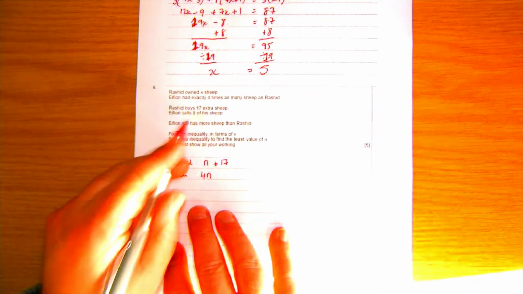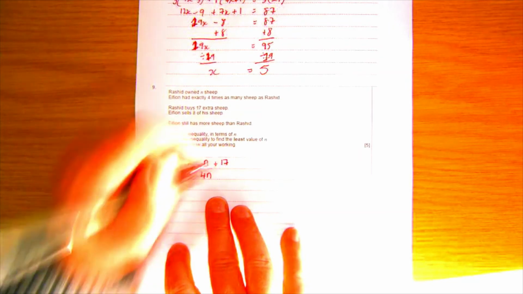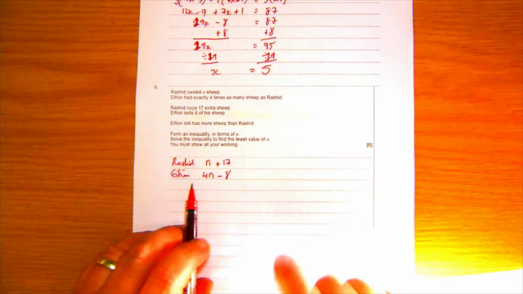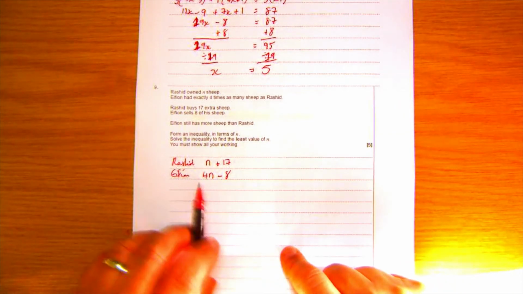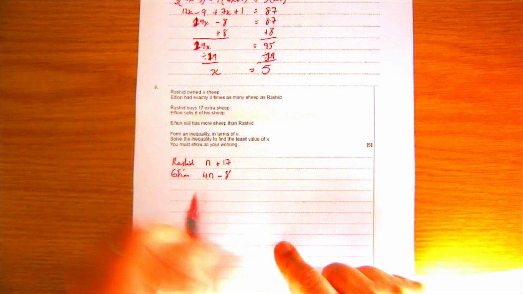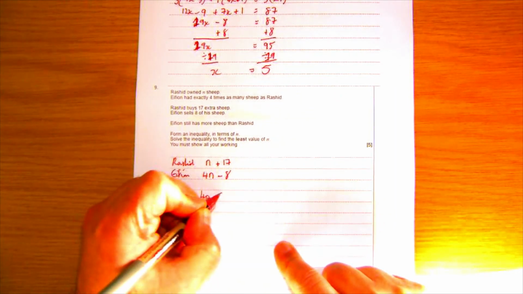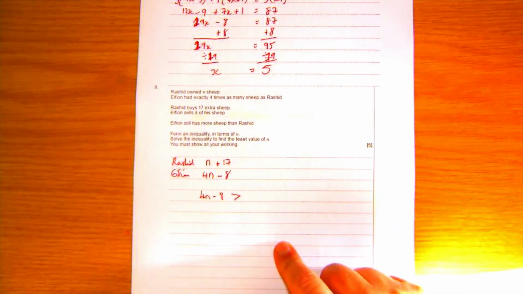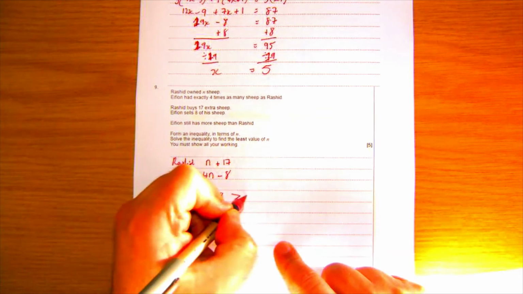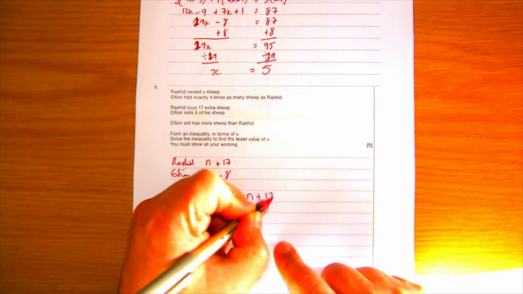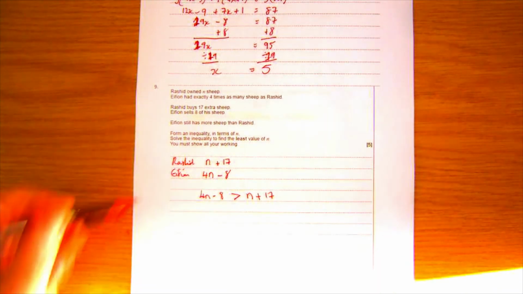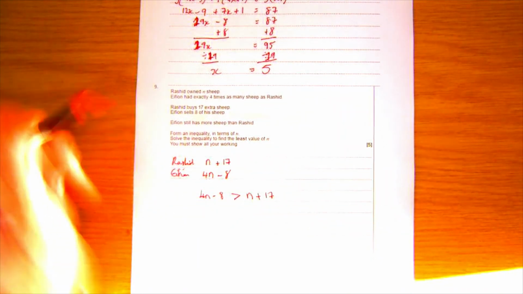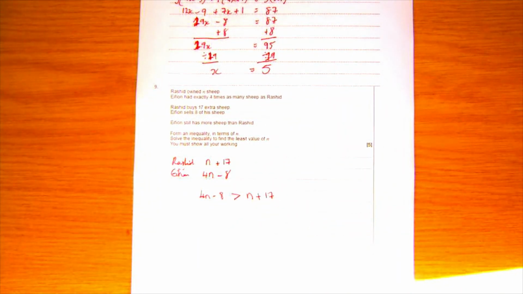Ivion sells 8 of his, so he's going to have 8 fewer, which means he'll have 4n minus 8. Ivion has still got more sheep than Rashid, so this quantity is going to be greater than the quantity that Rashid has. So there's your inequality. Okay, so there's the first 2 marks, is forming that.